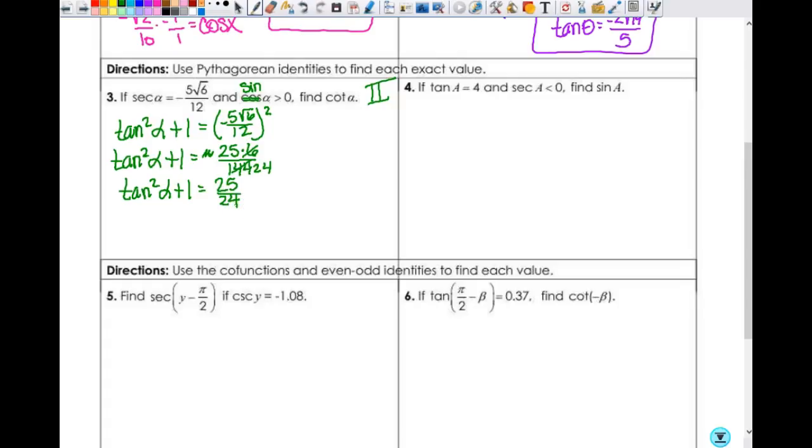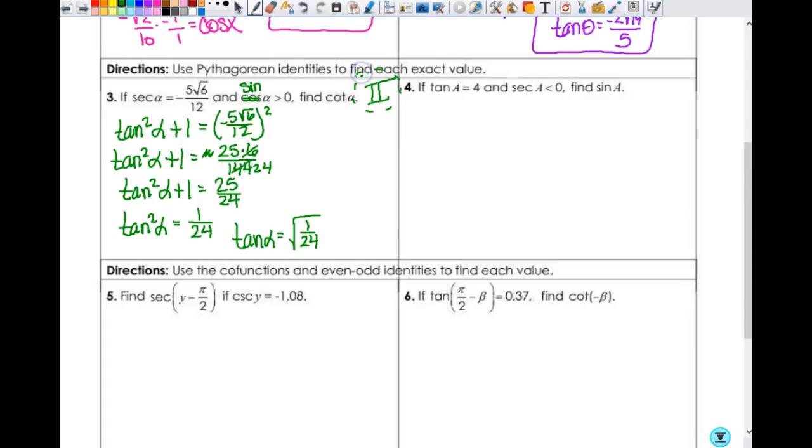So when I subtract that 1 from both sides, I'm basically subtracting 24 over 24, so that leaves me with tangent squared alpha equals 1 over 24. Well, I don't care about tangent squared, I want tangent. So tangent of alpha is equal to the square root of 1 over 24. Now, it's actually plus or minus the square root, but we are in the second quadrant.